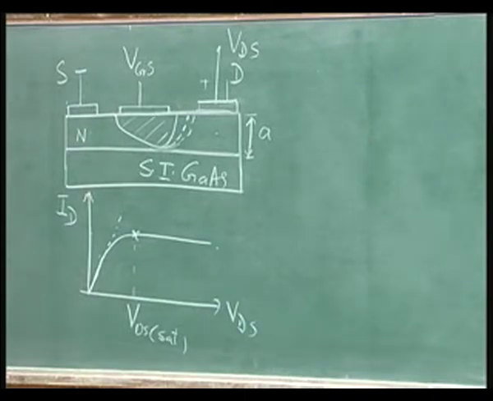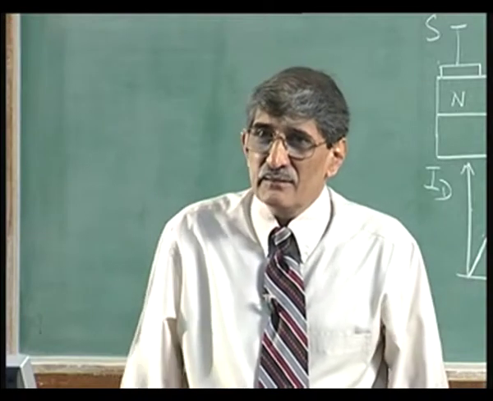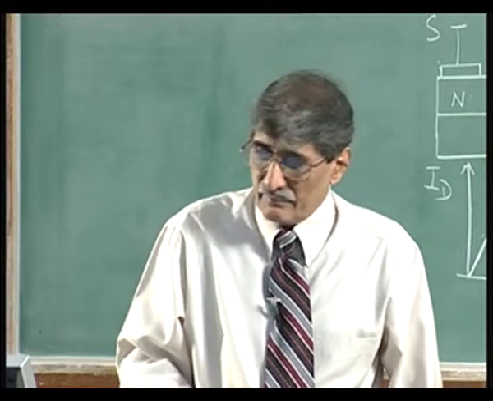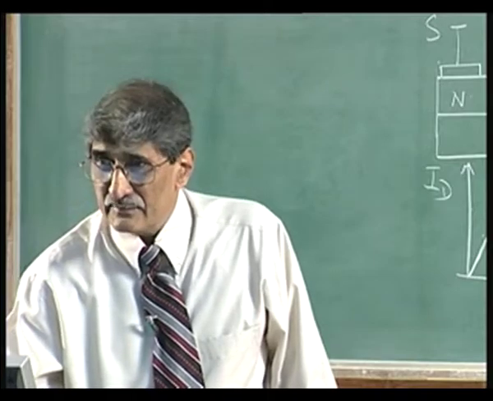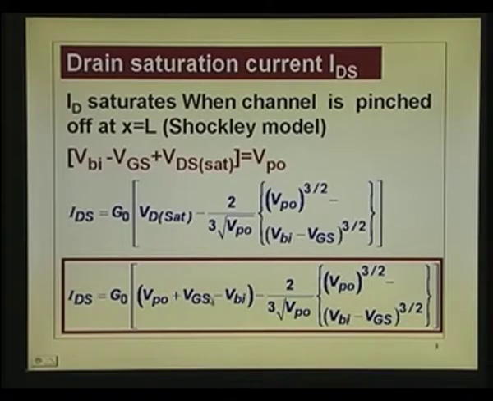It is a very important parameter for the device, that is Vbi minus Vp0. Actually, here this is VGS, and I can write this term as VGS minus within bracket Vbi minus Vp0, which is VGS minus Vtn, the threshold voltage.